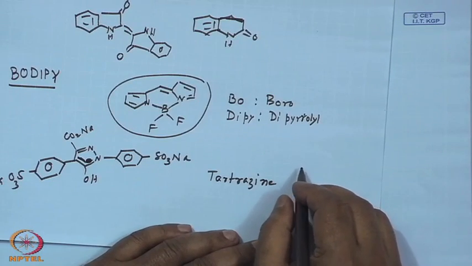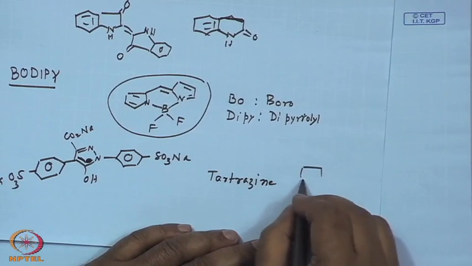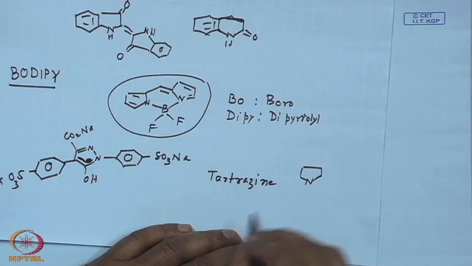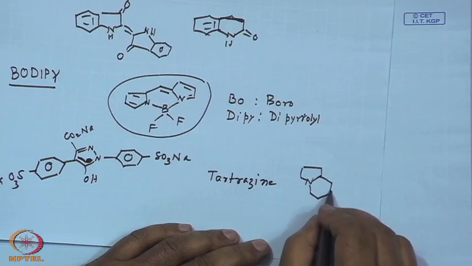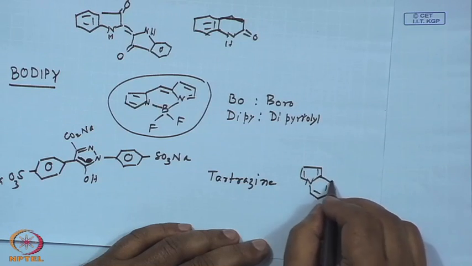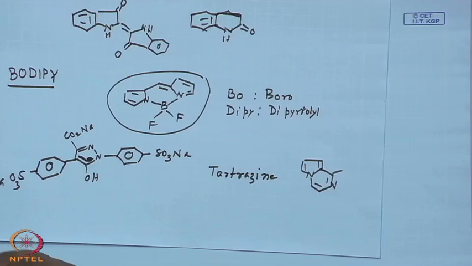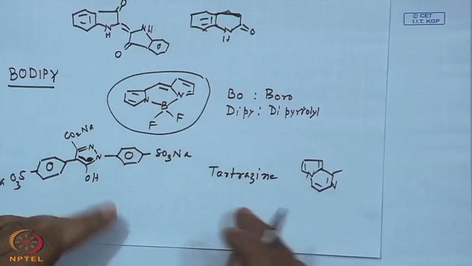I will write one more molecule, then I will go to the structure of this course. There is one more molecule here, a 5-member ring fused to a 6-member ring, with two nitrogens and a pyrrole ring. It is such a small molecule. I have a whole lot of structures, but I have selected a few from medicines, agriculture and dyes.